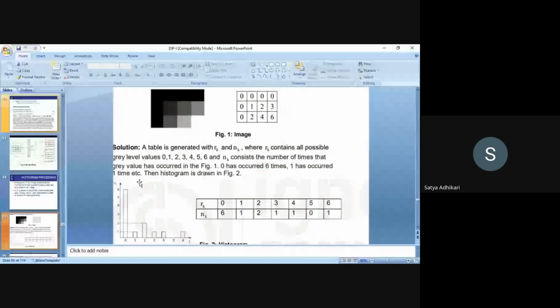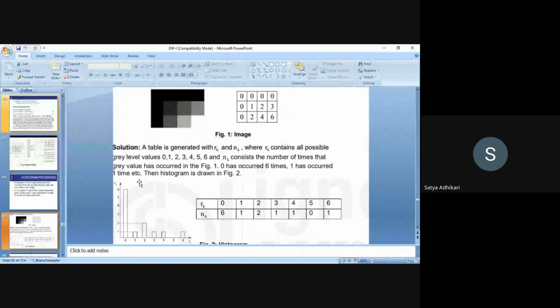Black color is represented by 0. 1 is another black color, but it is not darker than the 0. Then 2, 3, and so on. 6 is the maximum value.